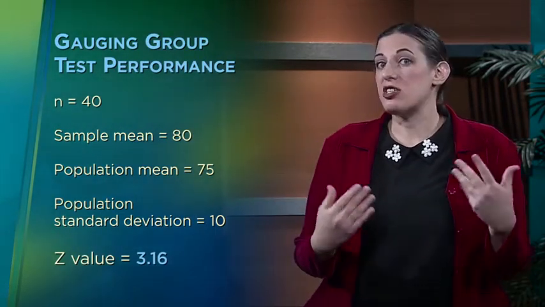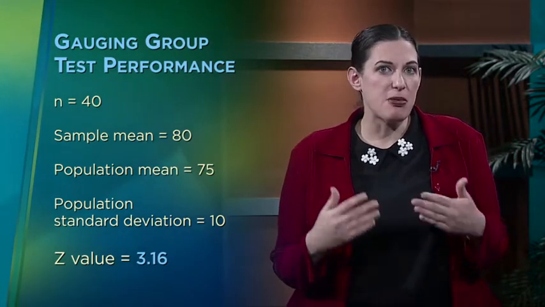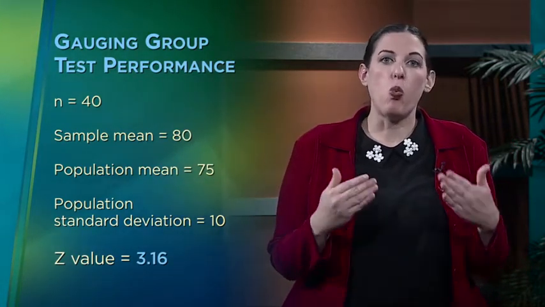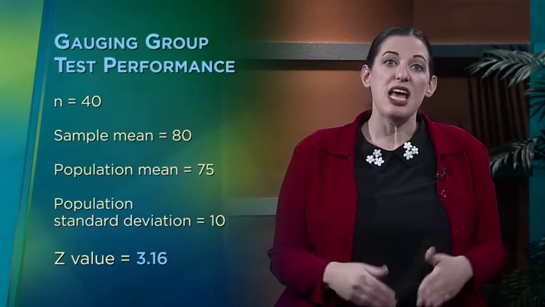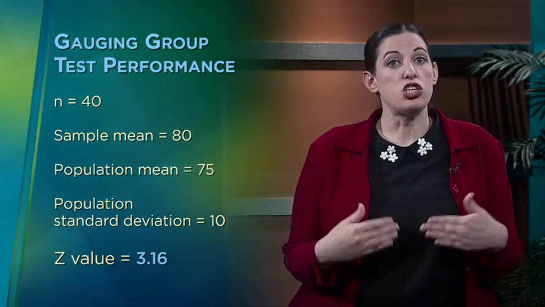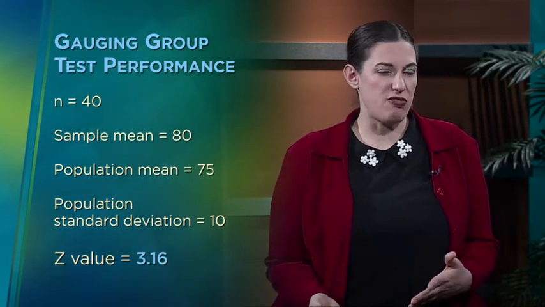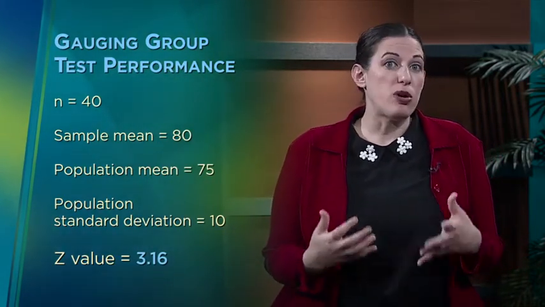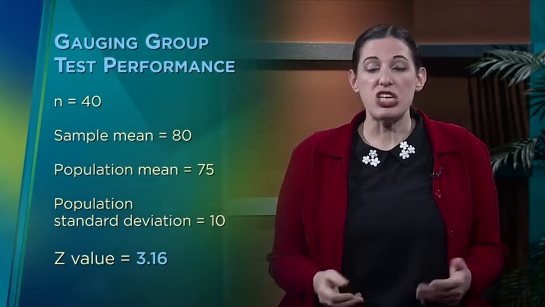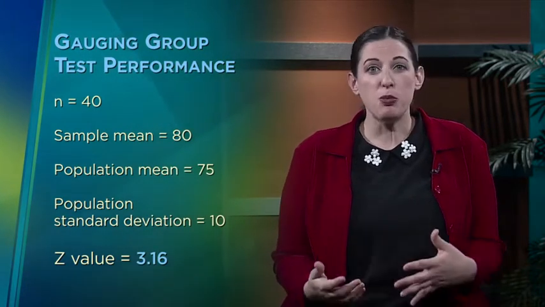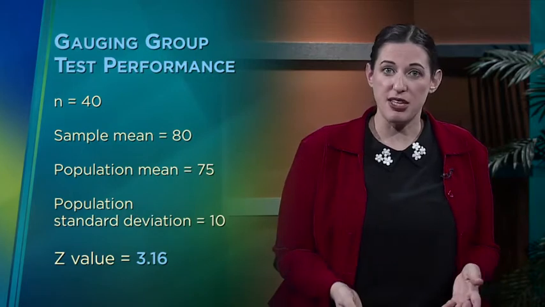Remember from our discussion of z-scores that about 68% of cases fall within 1 standard deviation from the mean, 95% of cases within 2 standard deviations, and more than 99% within 3 standard deviations. Our result of 3.16 is outside that range, and therefore would indicate that our sample mean is not representative of our population.